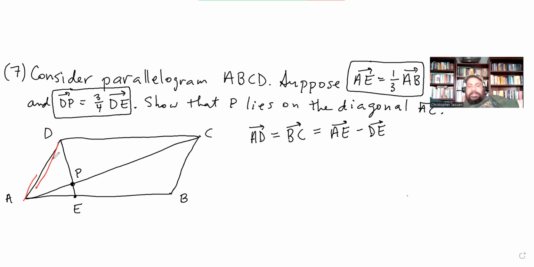So this side here and this side here, you can write as the sum of this vector with this vector.